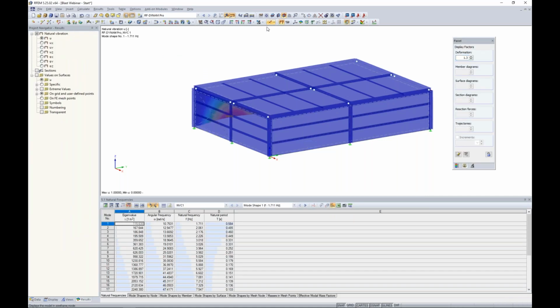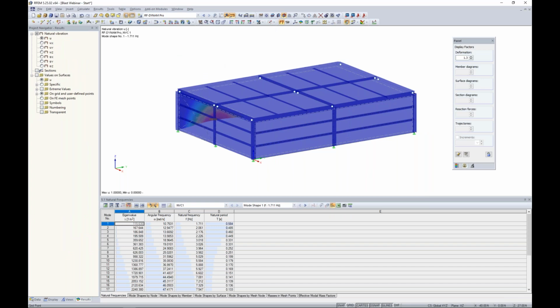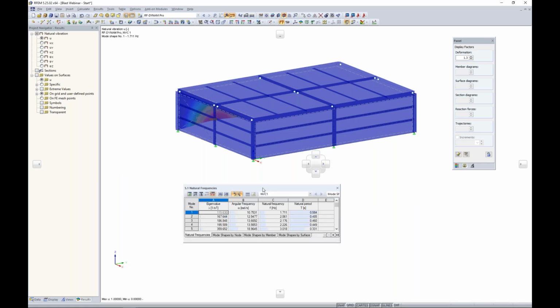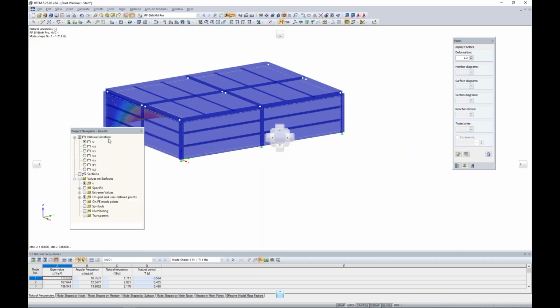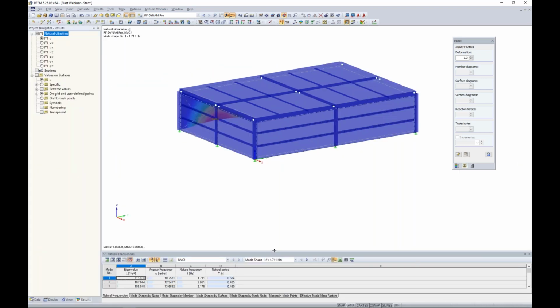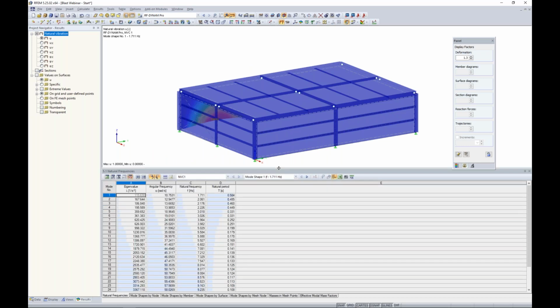So we are presented with our results of the dynamic analysis back in RFEM. Now we're technically still within this add-on module. We can see this from the drop-down box here. We also want to view this information in table 5 for dynamic analysis. And what you'll notice within this table, and sorry about that, let me go ahead and redock my tables here, is the natural vibration case is given to us within this dropdown.